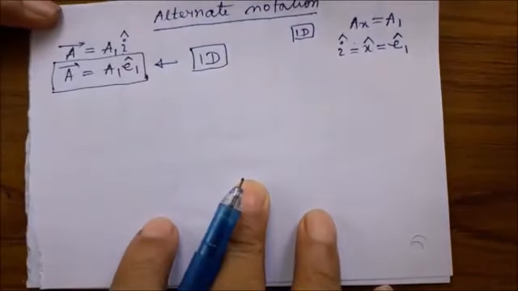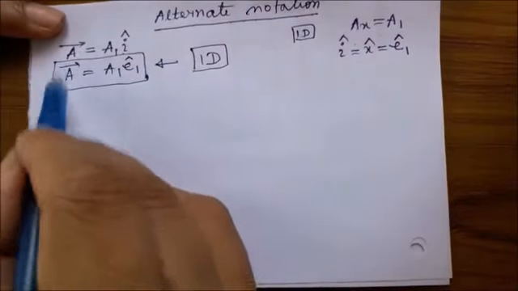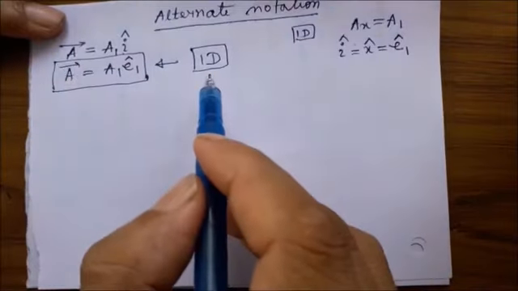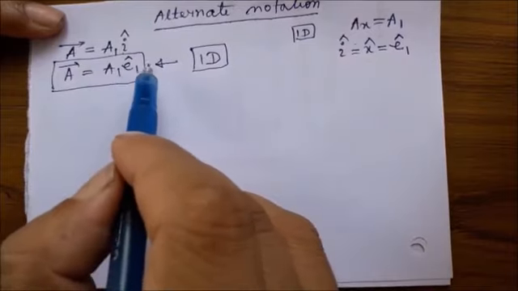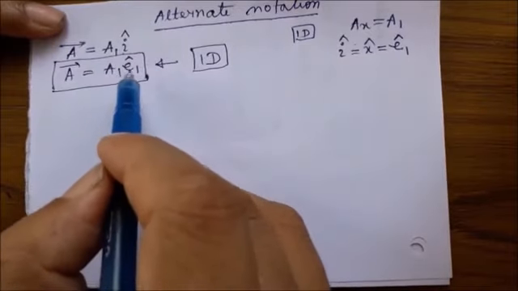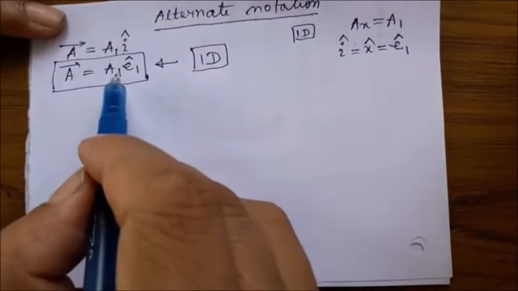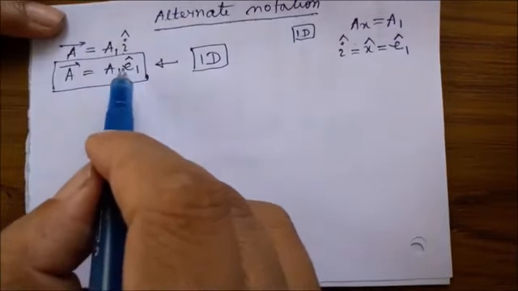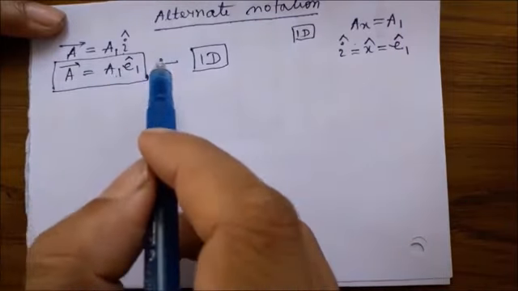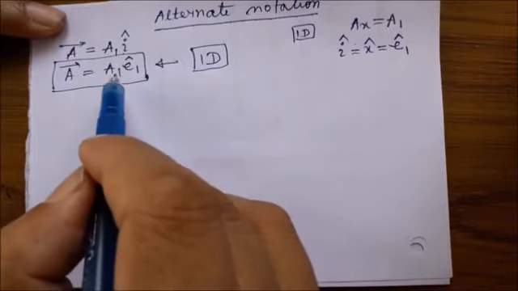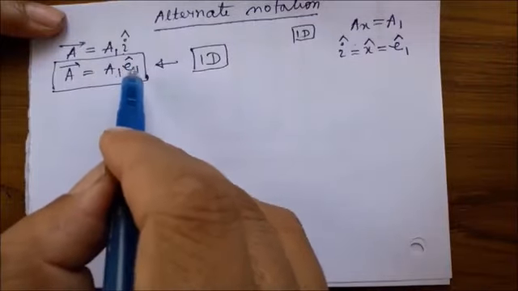Now if I ask to write the same vector A in a 2D format, obviously we will have another term added to this one, and that extra term will be A2 into E2 hat. In 3D, it will be A1 E1 cap plus A2 E2 cap plus A3 E3 cap. And if it is 1000 dimension, then the last term will be A1000 E1000 cap.